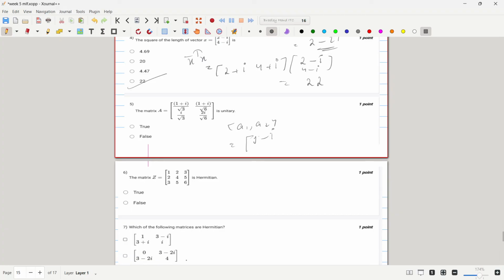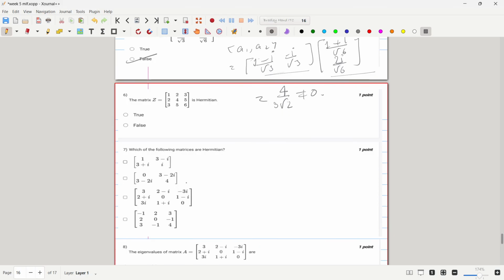This will be (1 minus iota by root 3 and minus iota by root 3) into (1 plus iota by root 6 and 2 iota by root 6). So this will be equal to 4 by 3 root 2, that is not equal to 0. That means for a matrix to be unitary, the columns must be both orthogonal and orthonormal. But here the inner product is not equal to 0. That means this statement is false. This is not a unitary matrix.